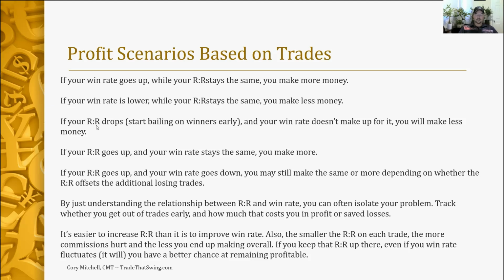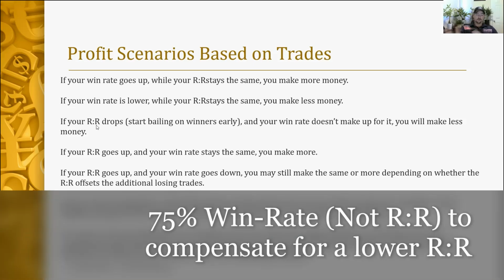In order to compensate for that, your win rate now needs to go up by 50%. So if you were at a 50% win rate before, now your reward to risk drops, you're going to need to be up at a 75% win rate, a 50% increase over what you were doing before in order to compensate for that. That's difficult.